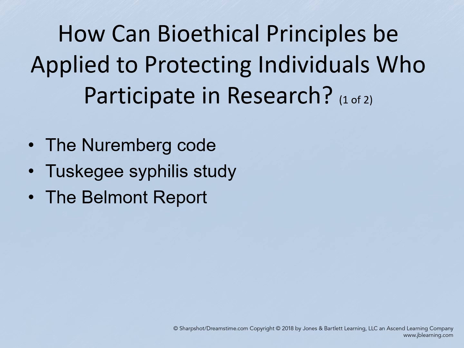So in July 1972, there was a public outcry because one of the members felt that this was not right, and the men were never given adequate treatment for their disease.